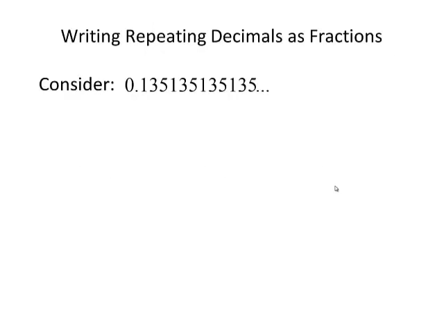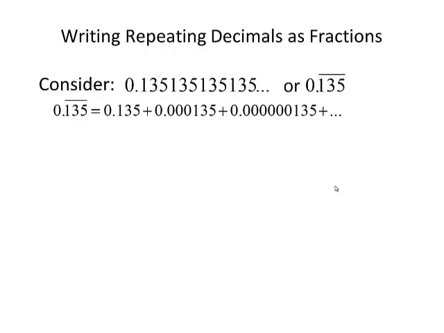Okay. Let's look at this problem right here. Consider this repeating decimal. The part that repeats is the 135. Let's look at this in parts. We have 0.135 repeating, which is 0.135 plus another 0.135 after the first 135, and then another 135 after the second 135, and so on.